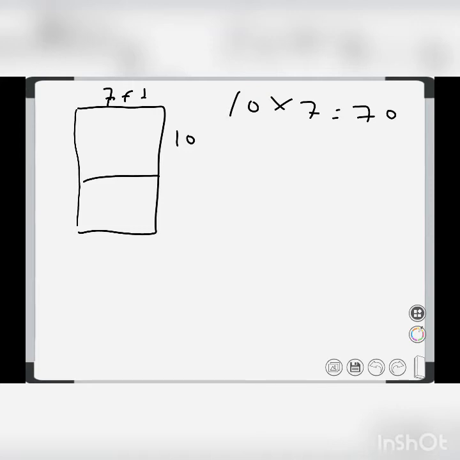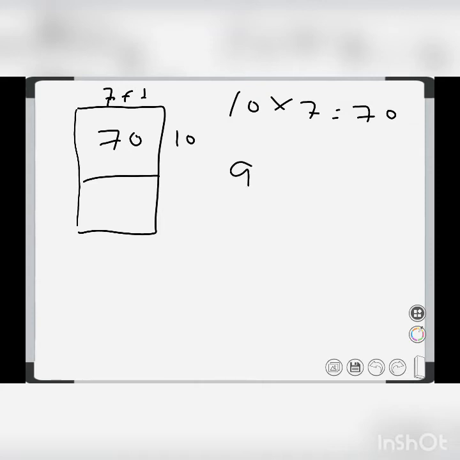Anything you times 10, you just move the decimal point over 1, so 7 becomes 70. So that is less than the 98 square feet in here. We have only 70. So we have 7 times 10 is 70, but we have 98 total.